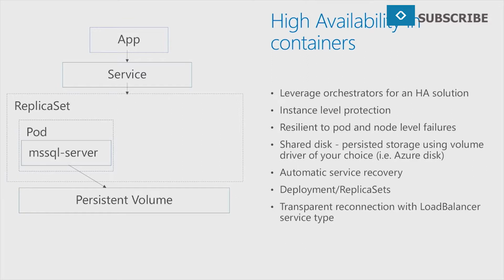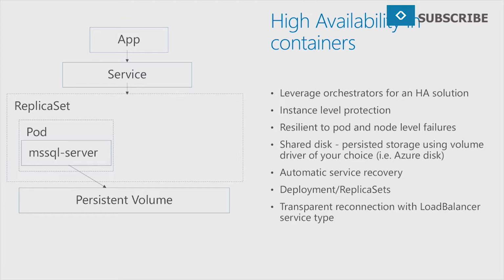Changing the platform focus a little bit, we hear a lot of questions around what about HA and container support. While automatic failover for availability groups is not yet available, as there is no cluster solution to support this scenario, you can still leverage orchestrator features like Kubernetes deployments, replica sets, services, and persistent storage to enable a high availability configuration.